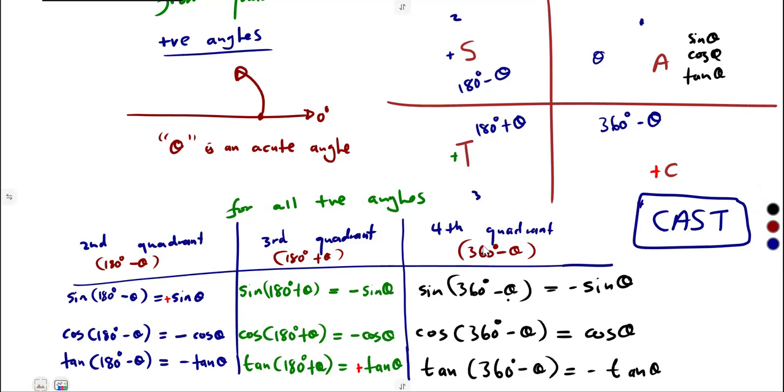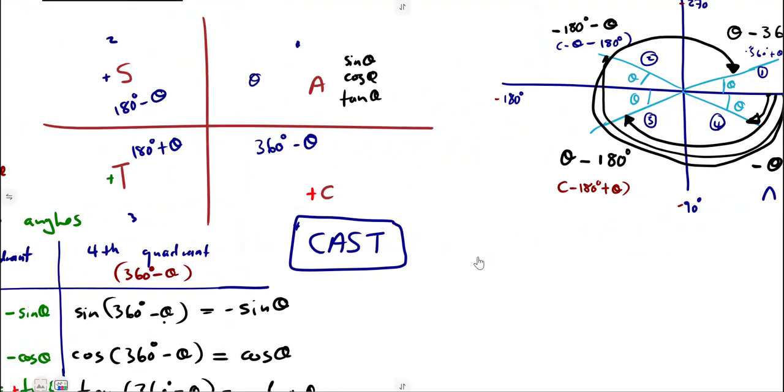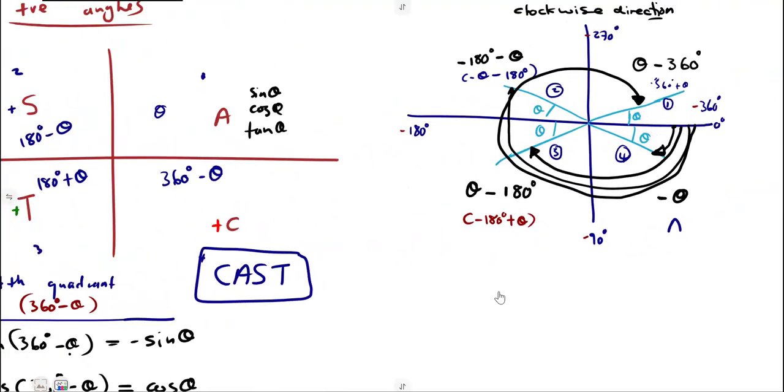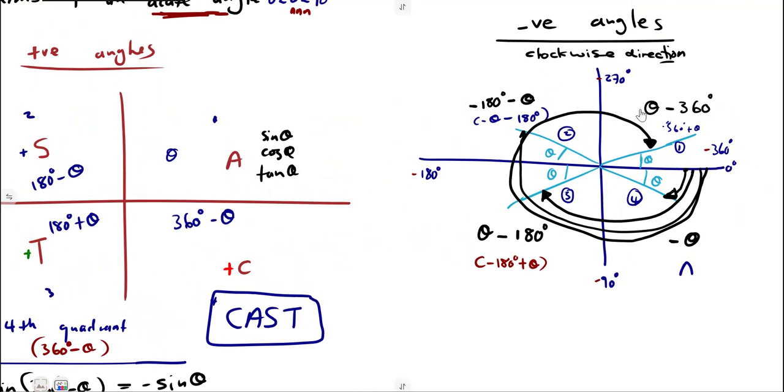But this is what I was saying, guys. The reduction is nothing but one and the same to what is happening to these negative angles. The reduction, guys, is nothing but one and the same.